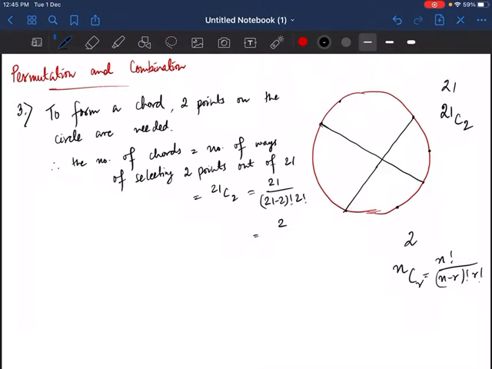This is 21 factorial divided by 19 factorial and 2 factorial. Now if I cancel 19 factorial, I get 21 into 20. If I cancel with this 2, I get 10. So we have 210 chords. From 21 points on a circle we can form 210 chords. So this is how we solve question number 3.